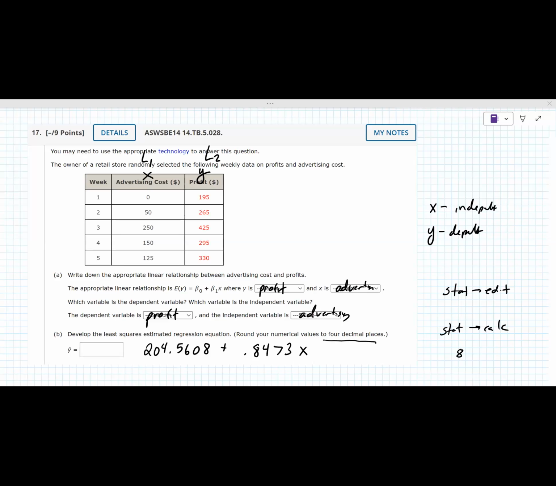$205.4081. 204. I heard 205. 204.56008. Well, when I added them, I got. Oh no. You're not. The second one's got a variable with it. Oh, okay.